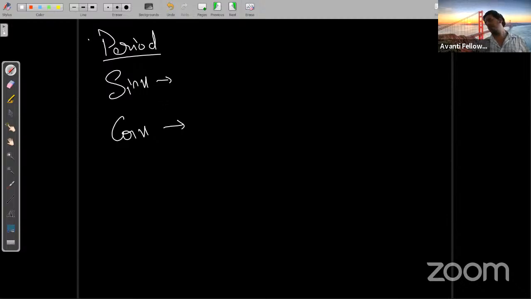What could be the period of sin x and what is the period of cos x? Any idea? Anyone? Sankalp, can you please tell me what is the period of sin x and cos x?